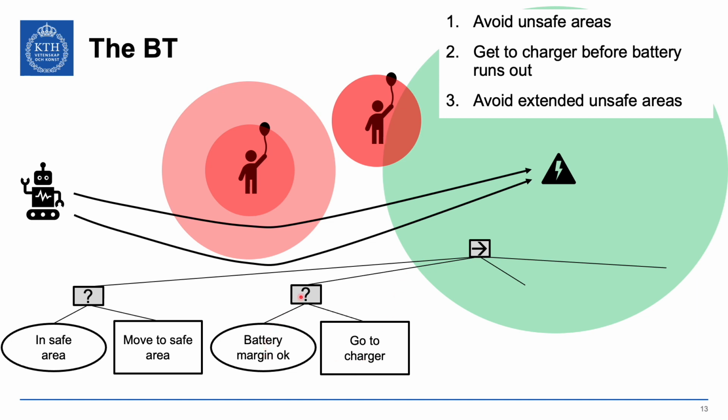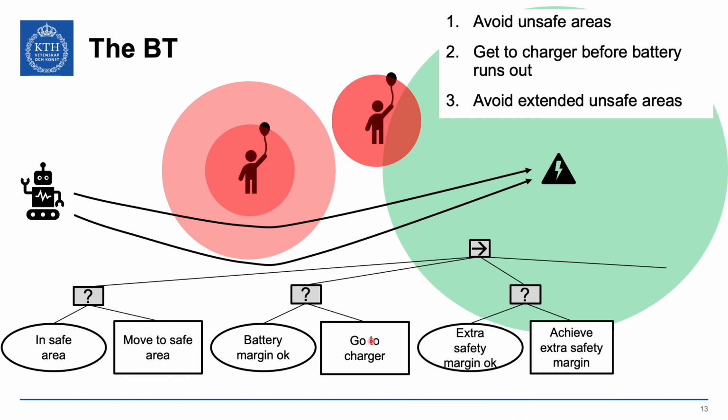If we're inside the green area, we're good to go. Otherwise, we need to go to the charger straight away, but hopefully respecting this one. If the margin is okay, we check if the extra margin is okay. If not, we move out of the extra margin. If the extra margin is okay, we're good to go. And then if everything is good, we just go to the charger.